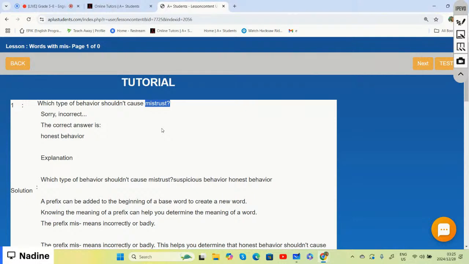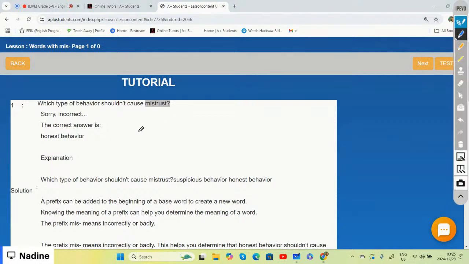And the type of behavior that shouldn't cause mistrust is honest behavior. If somebody's honest, if somebody's truthful, then we have no reason to mistrust that person, right?